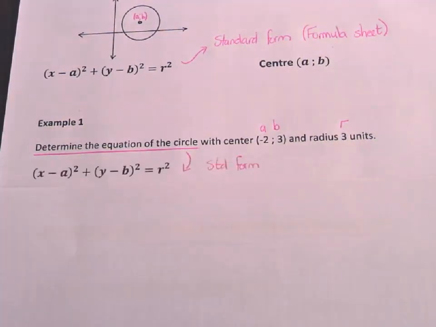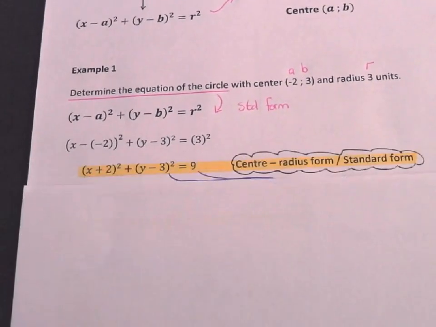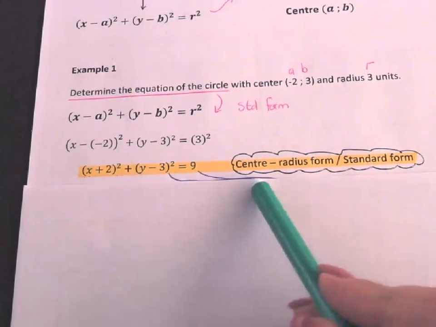So we start with our standard formula, standard form. Substitute A and B in, as well as the R, the radius, and then you get your standard form or the standard equation for the circle. This is also called the center radius form.